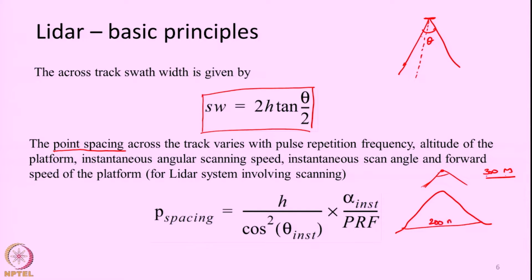So, let us say the spacing is 300 meters. What will happen is one point may be collected here, another point may be collected here, or it can be here and here. So, you will know the xyz of this particular point, you will know the xyz of this particular point, we are going to miss this small mound in between.